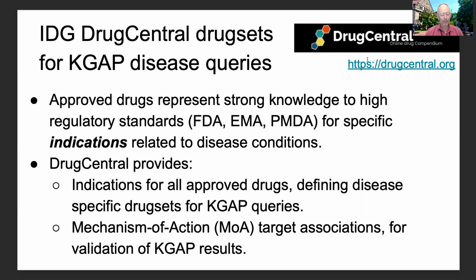In addition, Drug Central includes compiled and curated drug target relationships. Targets for which a specific biochemical mechanism of action has been elucidated and published are annotated as such. KGAP employs Drug Central drug indications to represent a disease via associated drug set. KGAP also employs known targets from Drug Central to assess and validate results.